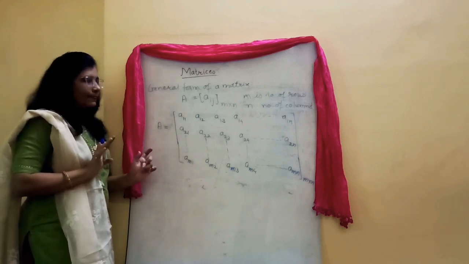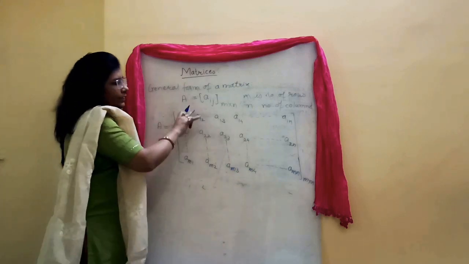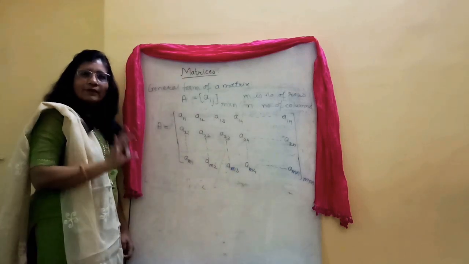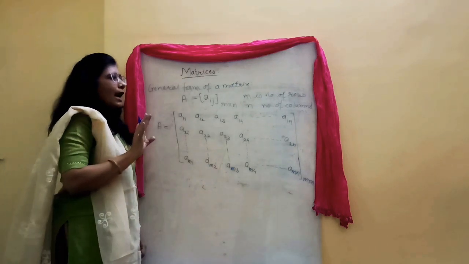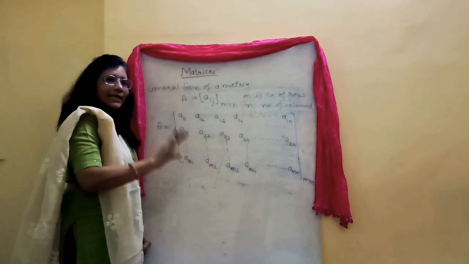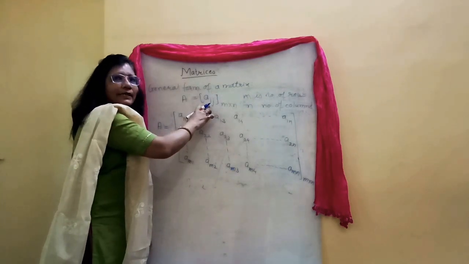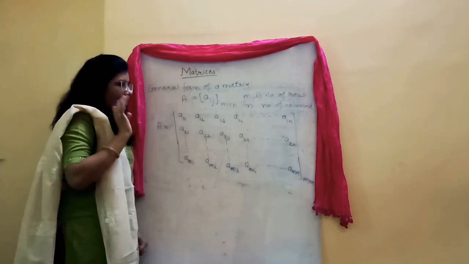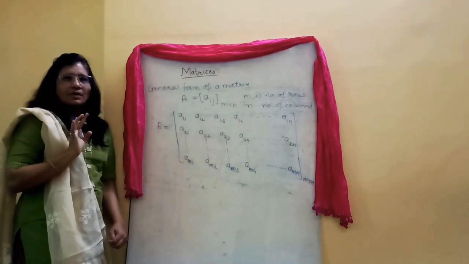Any difficulty? Okay. Now using this format we can construct different kinds of matrices having different orders and whose elements will satisfy different criteria. So how to construct such a matrix?